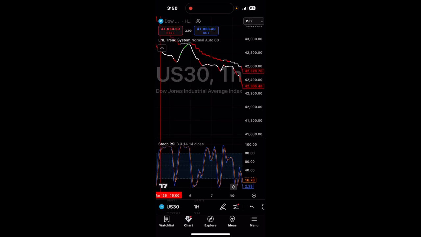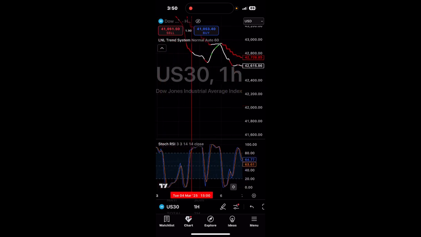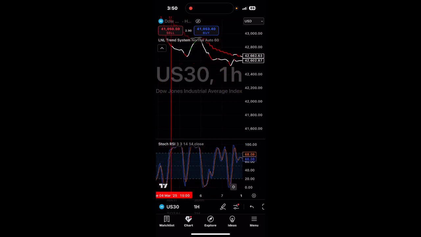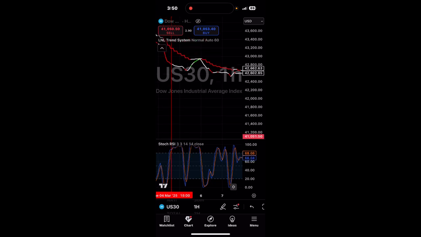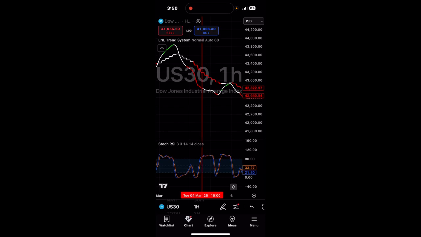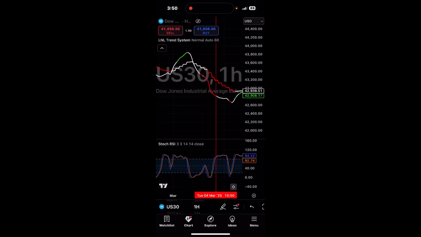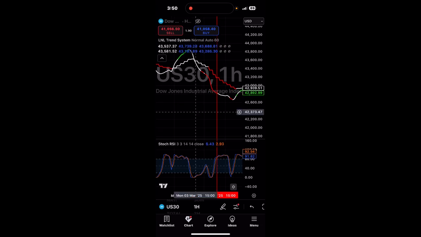You see it actually started here on the hour. This was the cross on the hour. This is when it really started on the hour.